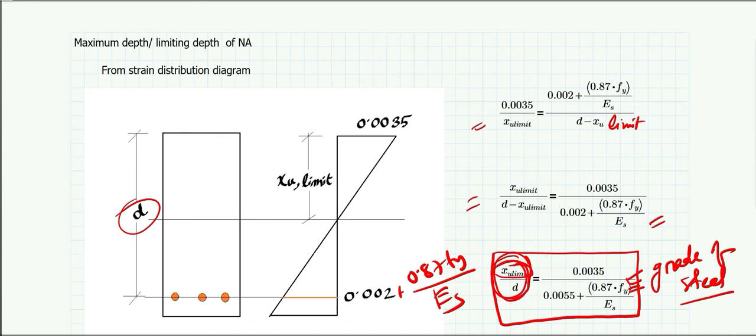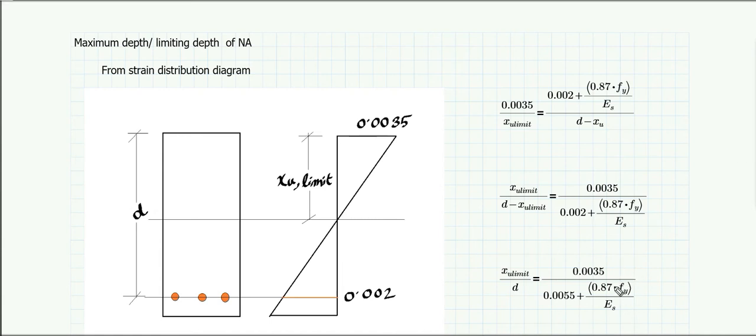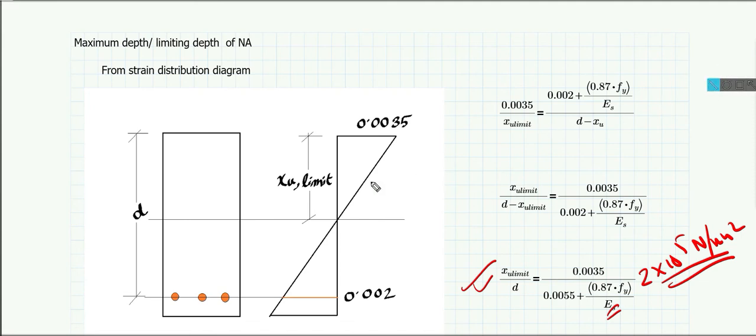Because the Es value is constant, which is 2 into 10 to the power 5 Newton per mm square, if you put in different values of Fy, you can find the different limiting depths of the neutral axis.